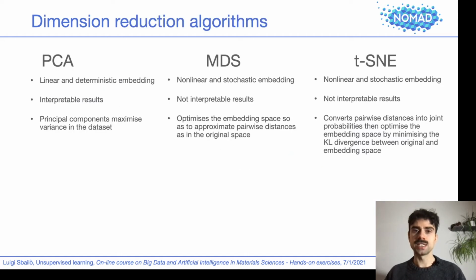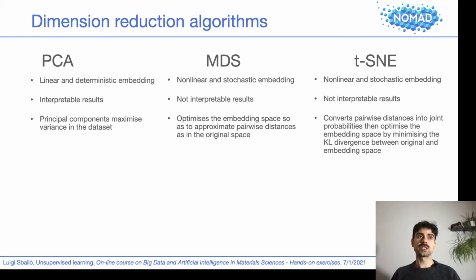We have also seen a number of dimension reduction algorithms in the lecture. We have seen PCA, which is linear and deterministic, so it has a very rigorous mathematical framework and it has interpretable results. On the other hand, we have seen that, being linear, it is not able to catch nonlinearities.